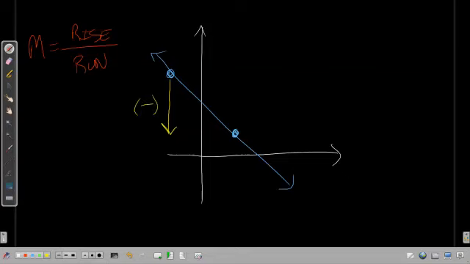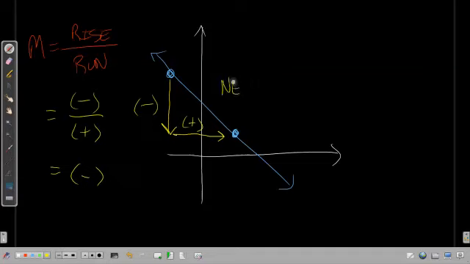So it would be some negative number. And if you're going from left to right, the run will always be positive. Your slope would be a negative number over a positive number, which would wind up being a negative number. This has a negative slope. It's going downhill.